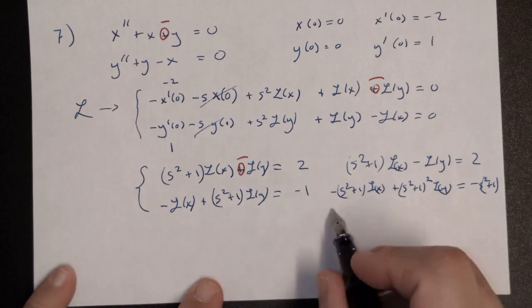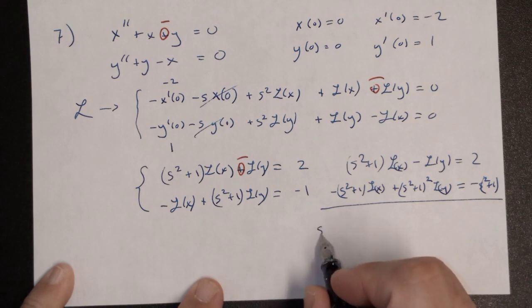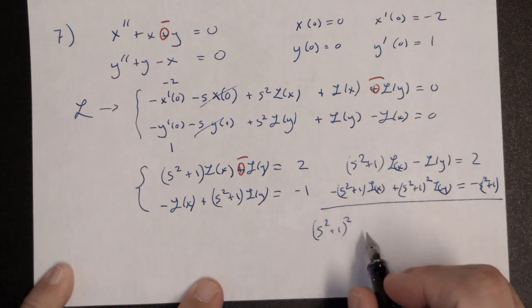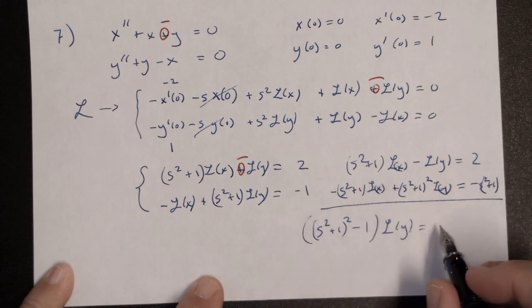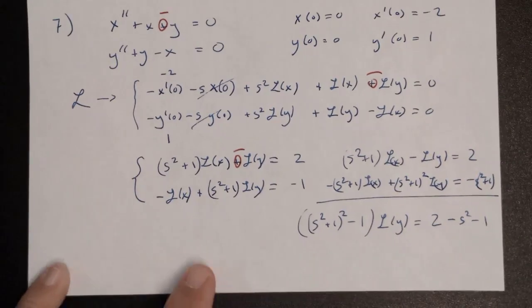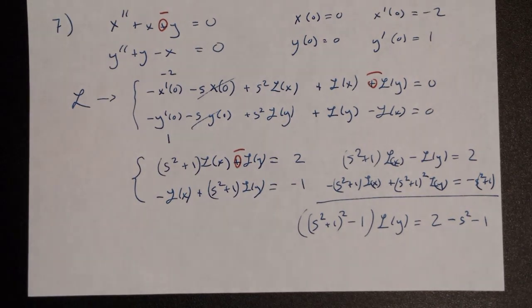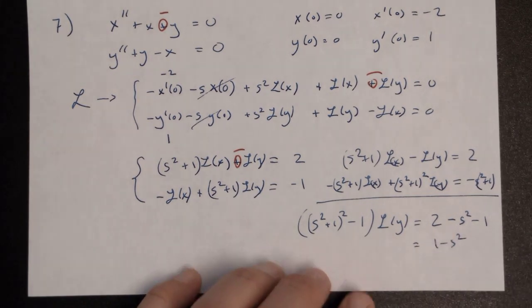When I add, these cancel, and I get s squared plus 1 all squared minus 1 Ly equals 2 minus s squared minus 1. I distributed the minus sign there. Which is going to be, wait a minute, that's going to be 1 minus s squared.